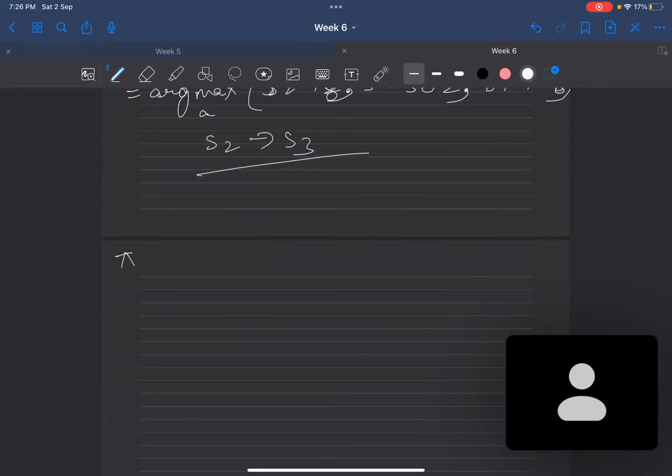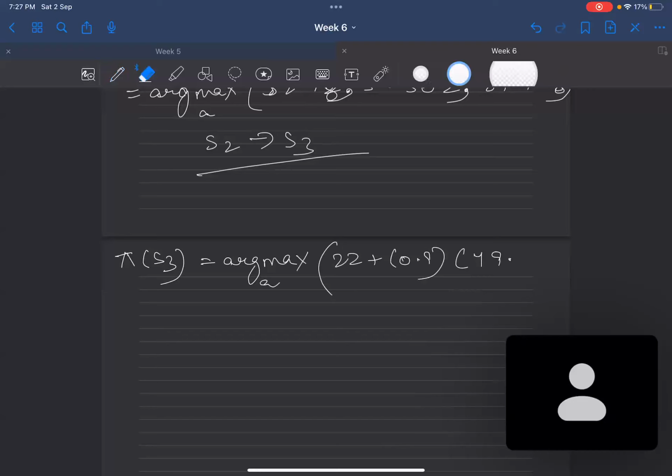Now coming to pi of S3. S3 to S1: 22 plus 0.9 into the value of S1, 30.8.